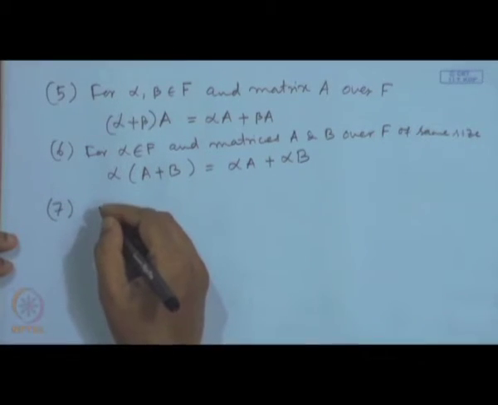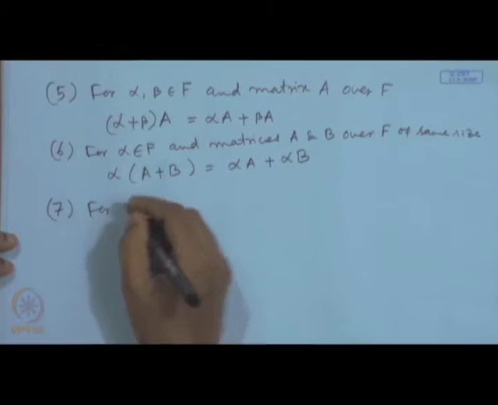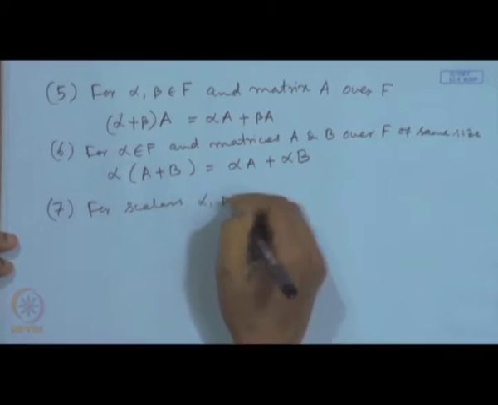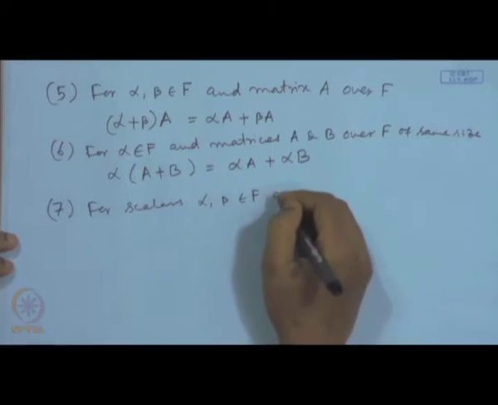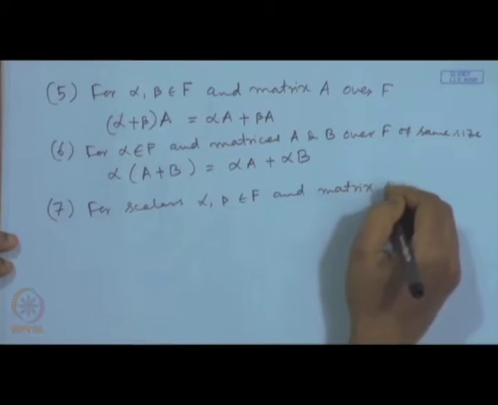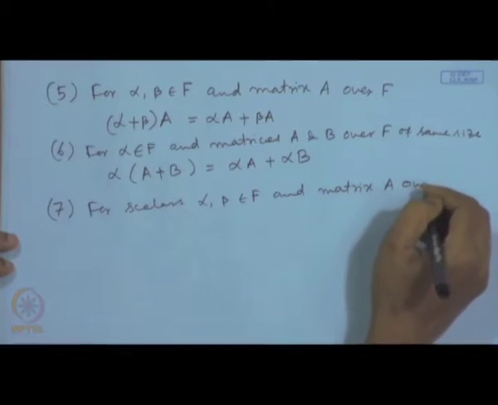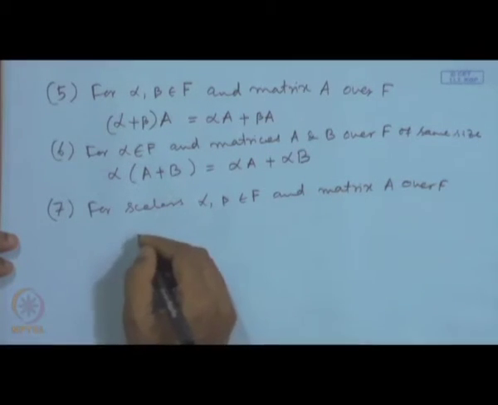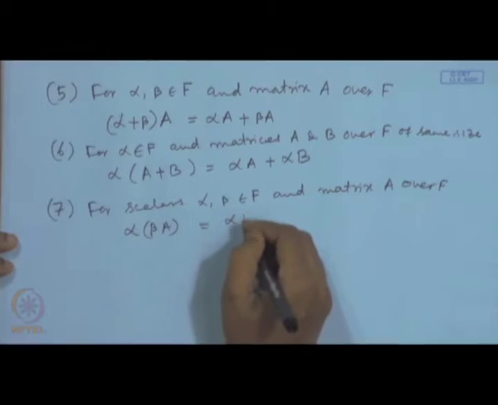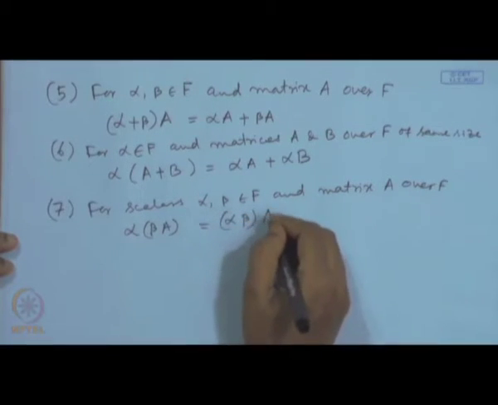Also for scalars alpha, beta in F and matrix A over F, alpha times beta A is equal to alpha beta A.